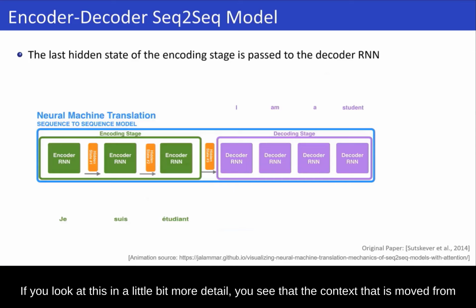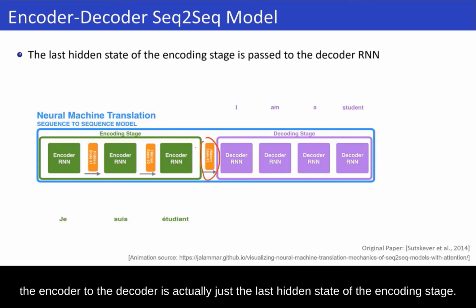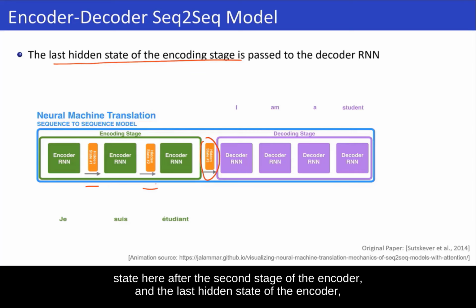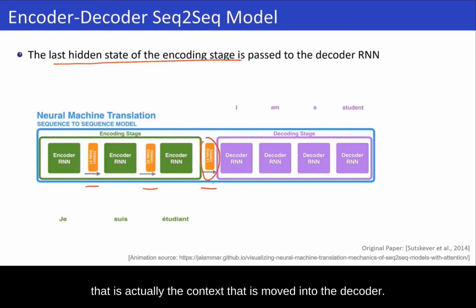If you look at this in a little bit more detail, you see that the context that is moved from the encoder to the decoder is actually just the last hidden state of the encoding stage. You have a hidden state after the first stage of the encoder, a hidden state after the second stage, and the last hidden state of the encoder is the context that is moved into the decoder.